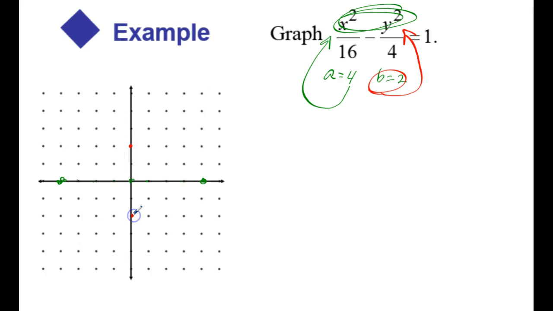So 2 along the y would be here in red, but the red points are not actually points on the hyperbola, they're just corners of my rectangular boxes. So sometimes it's easiest to draw the hyperbola if you just get the corners of the boxes in first.